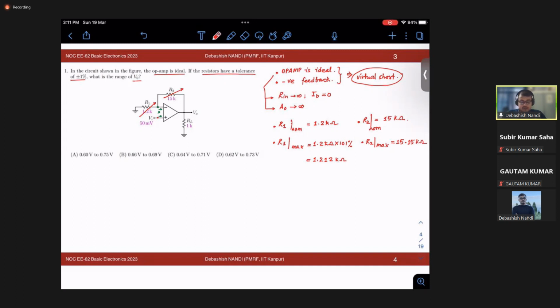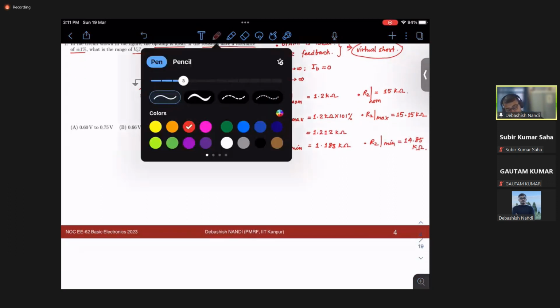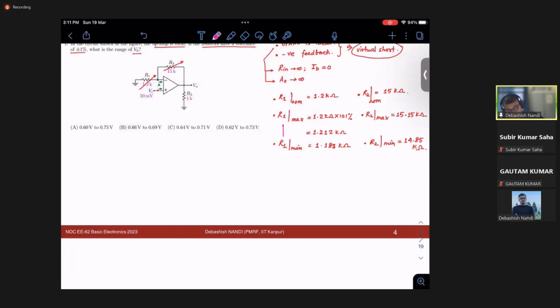Similarly, your R2 minimum is nothing but 14.85, and your R1 minimum is 1.188 kilo ohm, right? So the tolerance means your resistance will vary between this range.